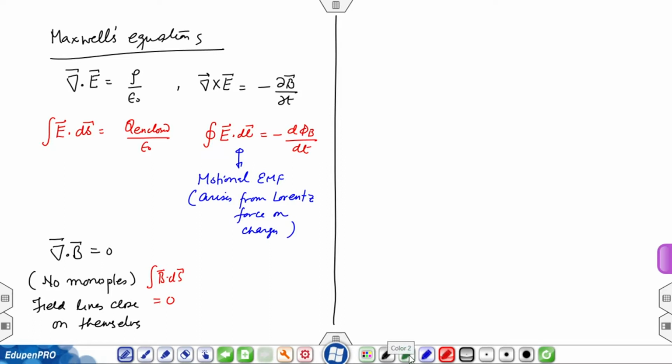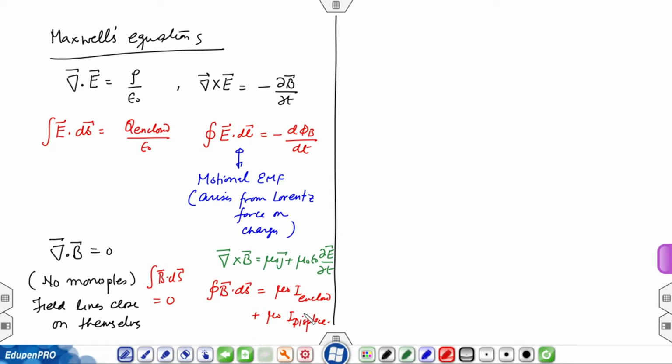The curl equation for this is curl of B is equal to mu naught j plus mu naught epsilon naught dE/dt. The integral equation would be integral of B dot dl is equal to mu naught I enclosed, and I am also going to write this as mu naught I displacement. That is the integral form.